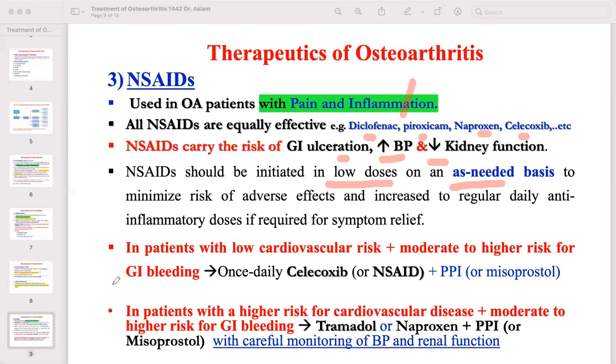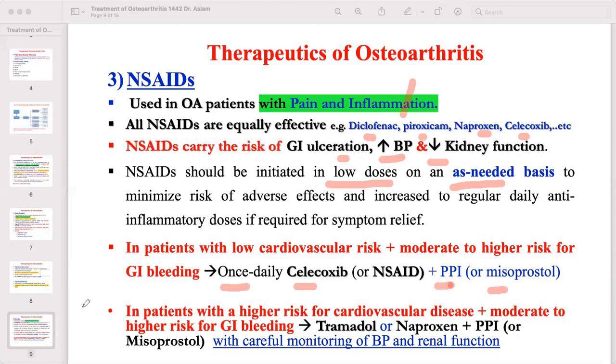In patients with low cardiovascular risk plus moderate to higher risk for gastrointestinal bleeding, use once daily celecoxib or another non-steroidal anti-inflammatory drug plus a proton pump inhibitor to protect the gastric mucosa, or misoprostol, as we just discussed in the review of the treatment.